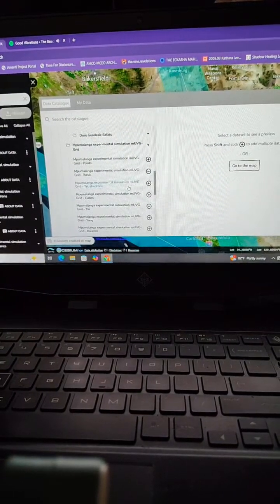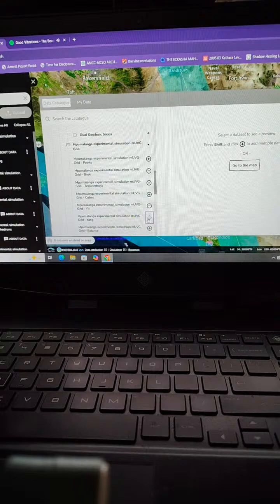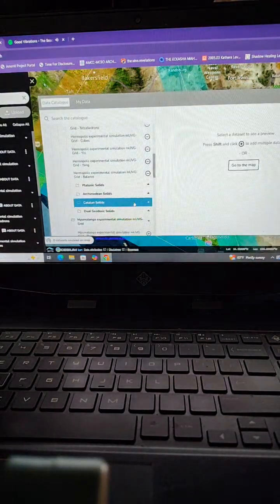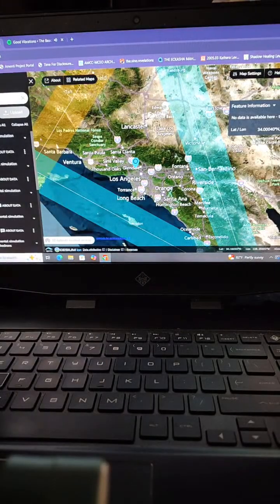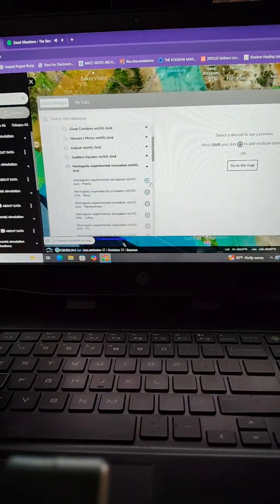Nope, we already got that one. The cubes line. Nope. Cubes line. Nope. Maybe it isn't on an experimental grid.